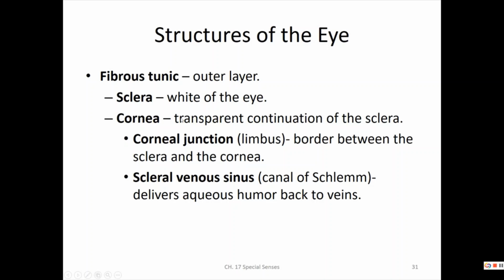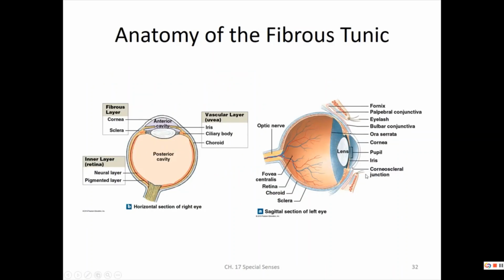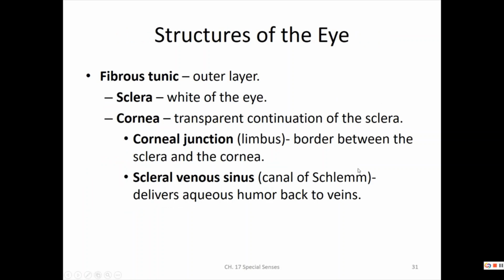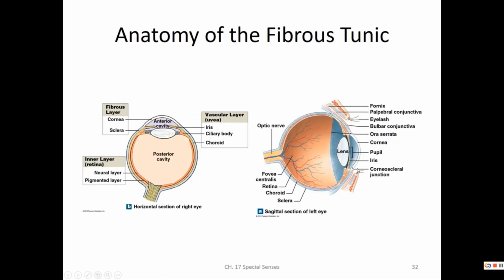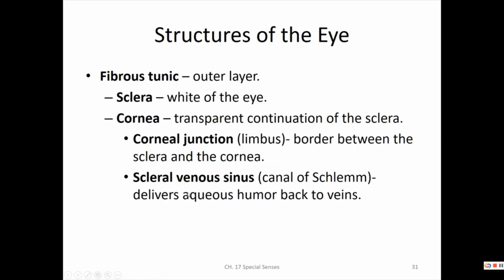Now, there is a corneal junction or corneal limbus between the sclera and cornea, and we'll see those labeled here, sometimes called the cornea-scleral junction. There is a scleral venous sinus or canal of Schlemm. Will the real Schlemm Shady please stand up?